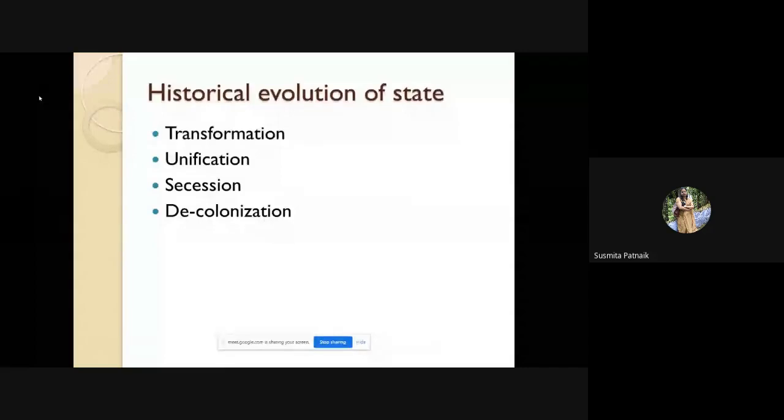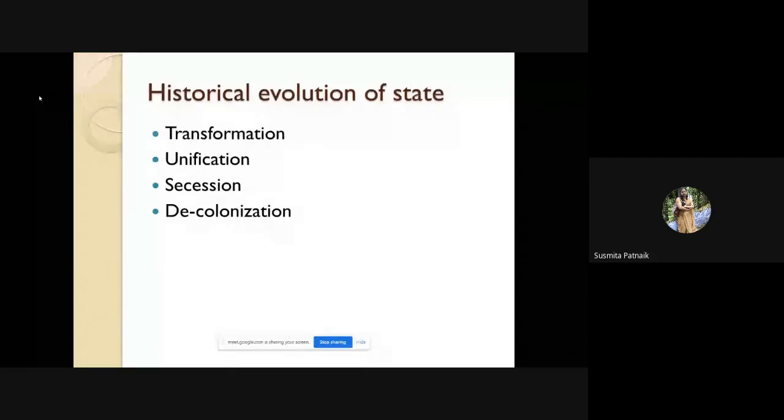So historical evolutions of state, that is related with the origin of the state. If we take the historical evolutions, we have to go through four processes. One is called transformations, unifications, secessions, and decolonizations. The first is called transformations.